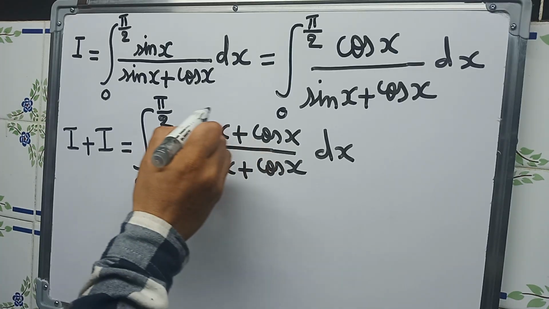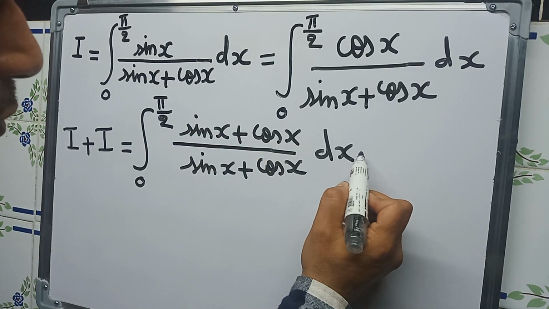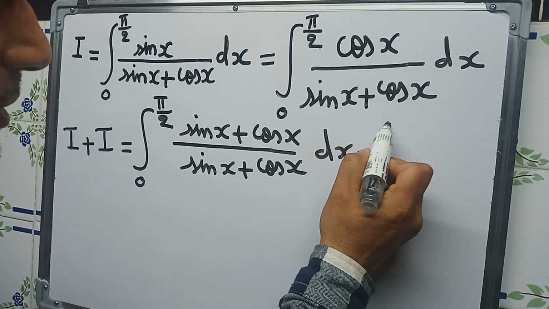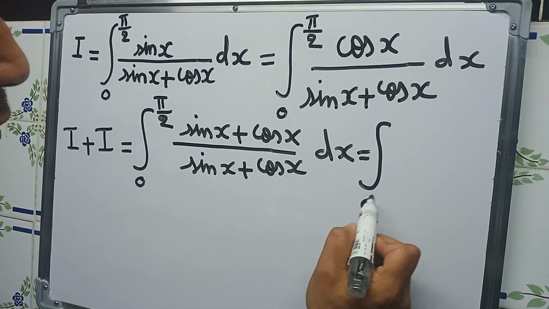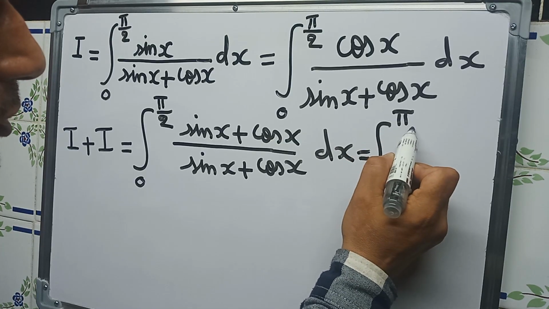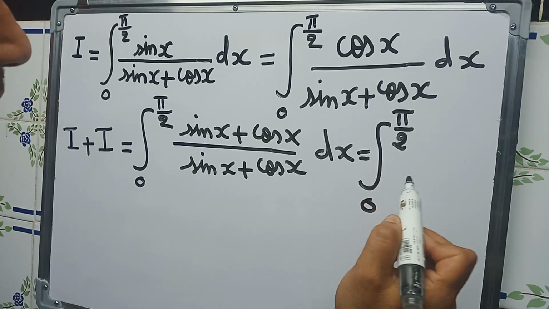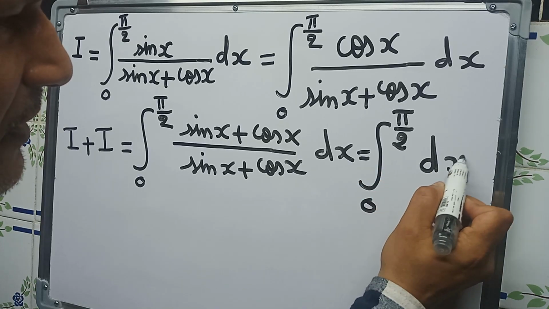But this number is just equal to 1, so it's equal to the integral from 0 to pi over 2 of 1 dx, or just dx.